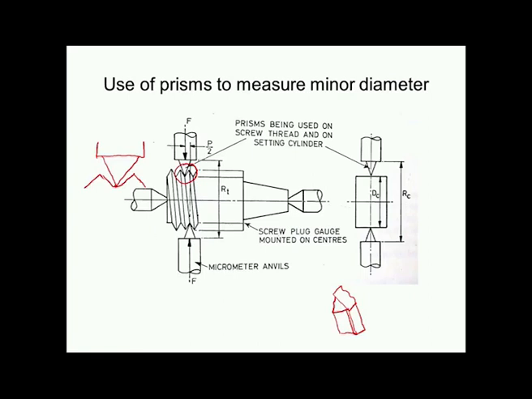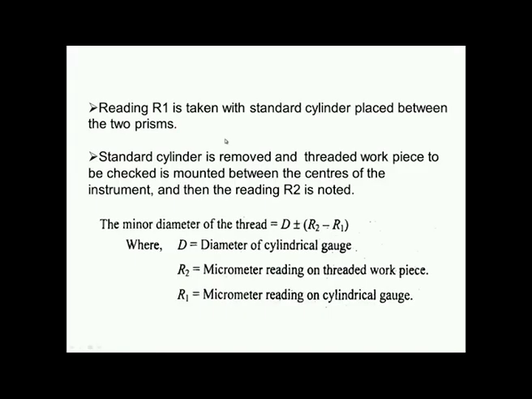There is an arrangement in the floating carriage machine to place these prisms. Hooks are provided. Using hooks we can suspend these prisms and we can conveniently measure the minor diameter. Now, the procedure is similar to the measurement of major diameter.